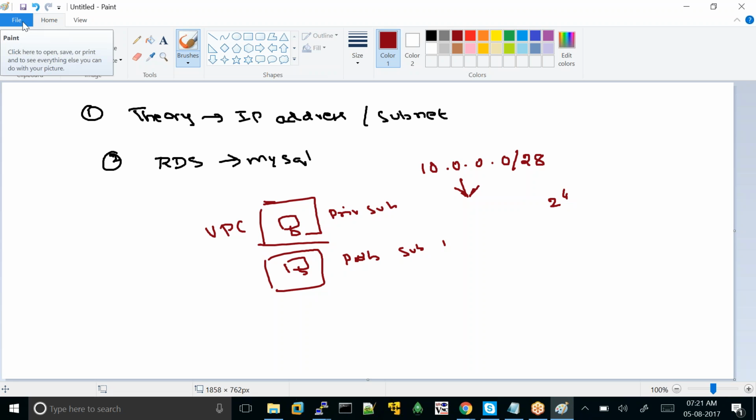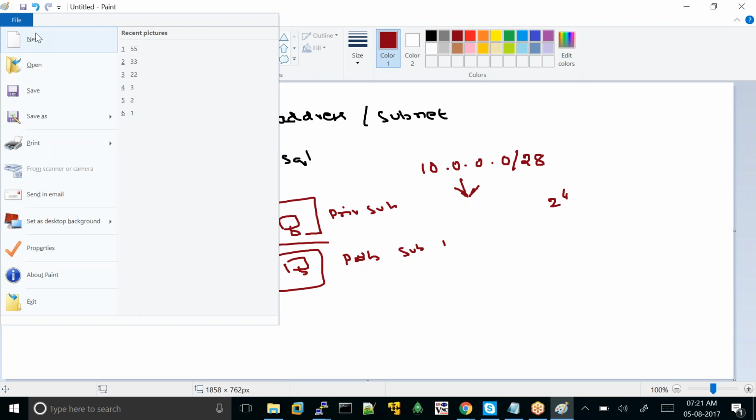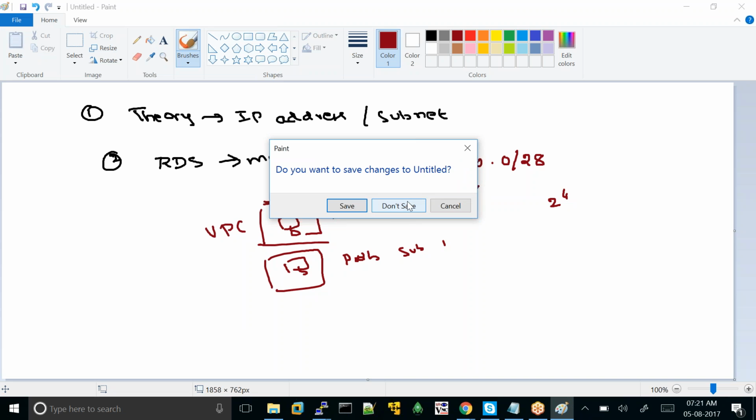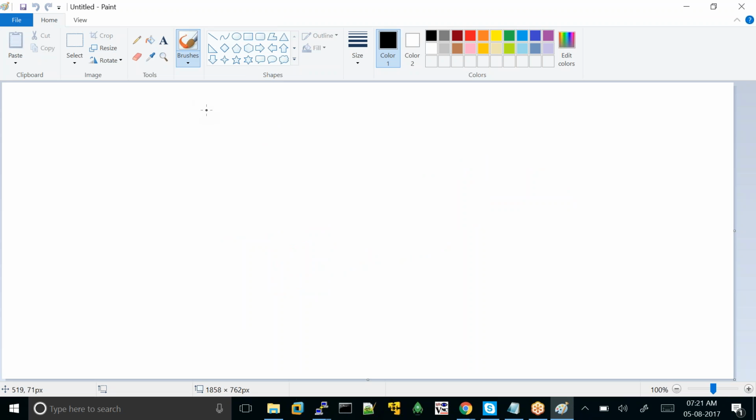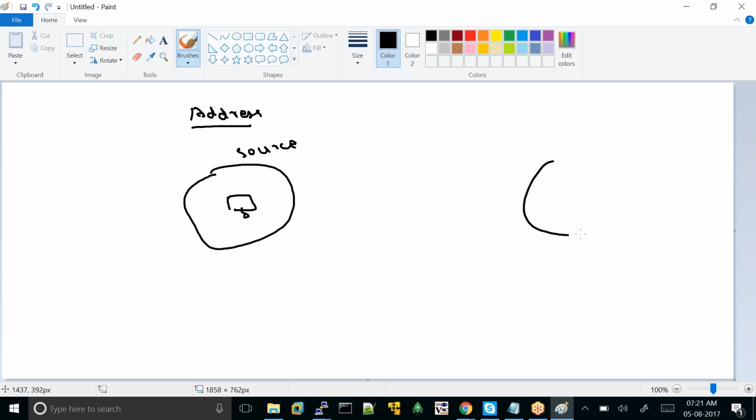Okay, so first let me start with the IP addressing scheme. What are all the addresses that you need to access a computer on the internet? You have a computer, so this is your source network. This one corresponds to your destination network.